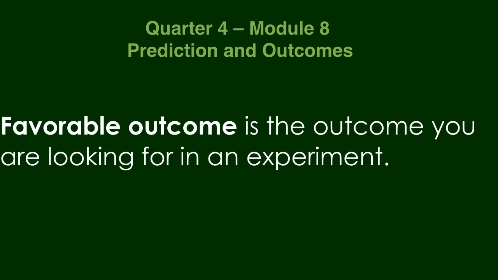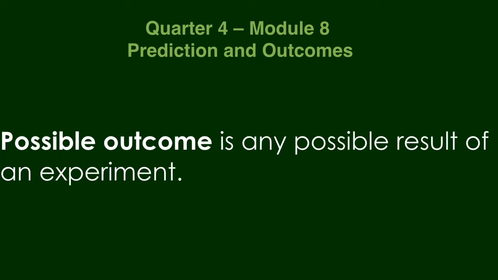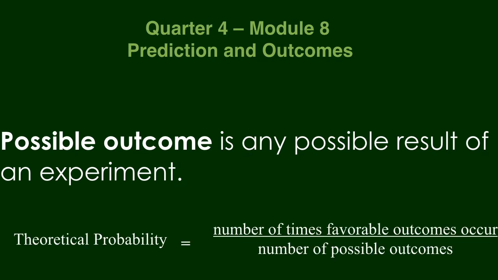Favorable outcome is the outcome you are looking for in an experiment. Possible outcome is any possible result in an experiment. This is the formula in finding theoretical probability of an event. Theoretical probability of an event is equal to the number of favorable outcomes over the number of possible outcomes.